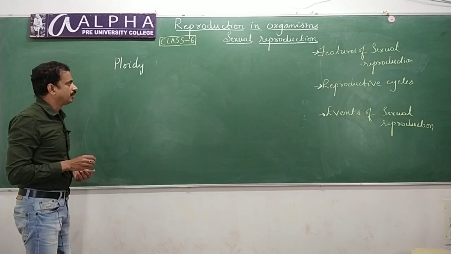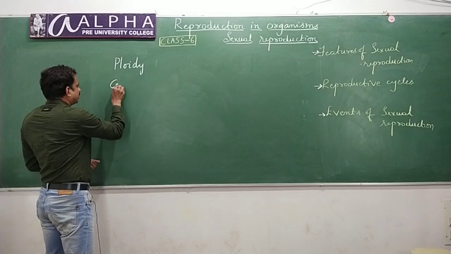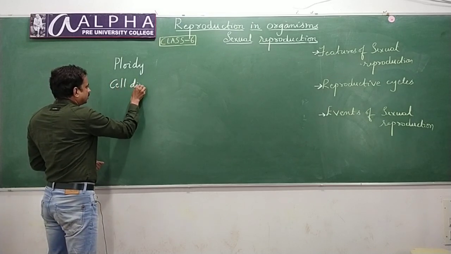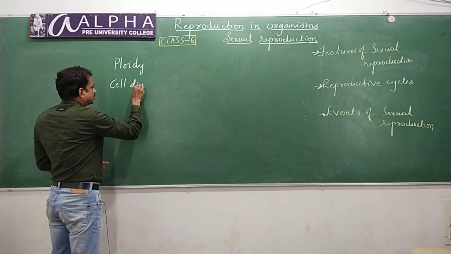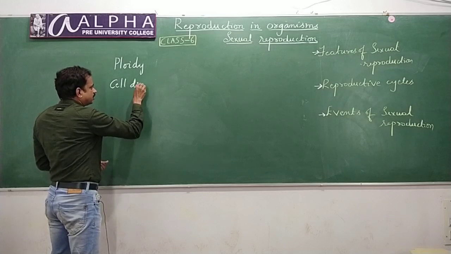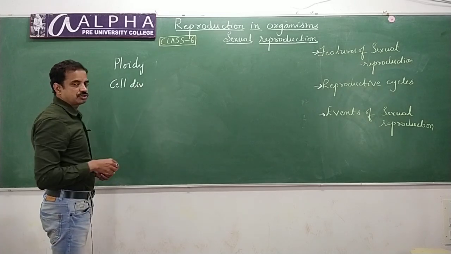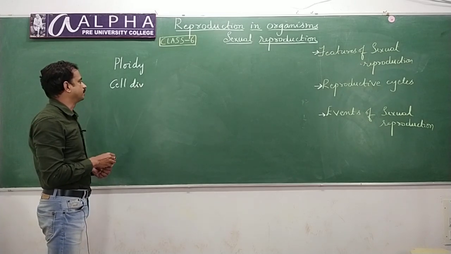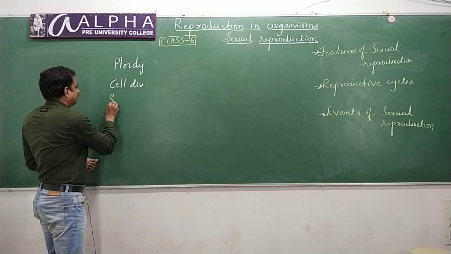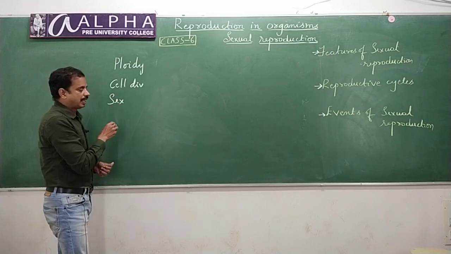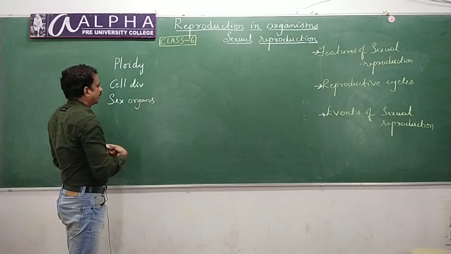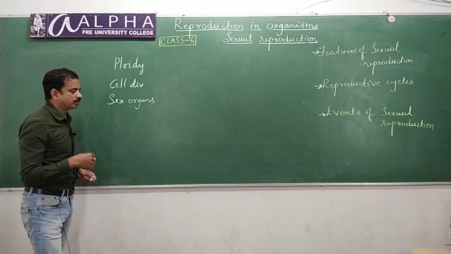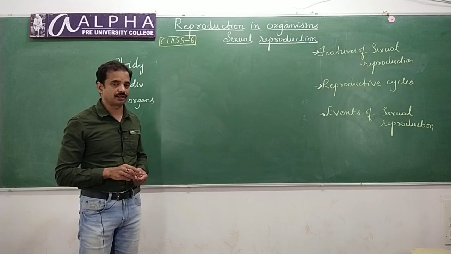Okay. And then you have studied cell division in first PUC, and I will discuss the points which you require just to understand sexual reproduction. And then we shall know about sex organs, basic information about the sex organs in animals and plants.